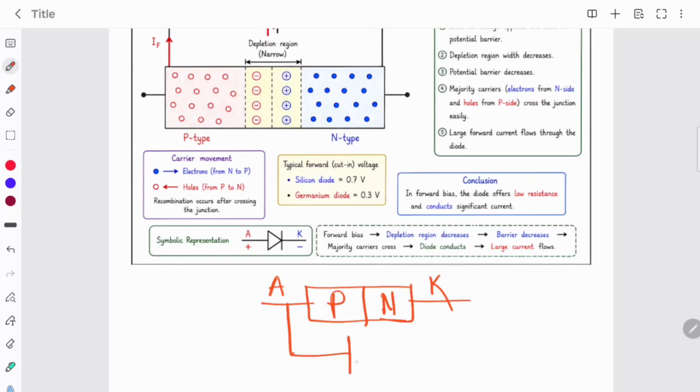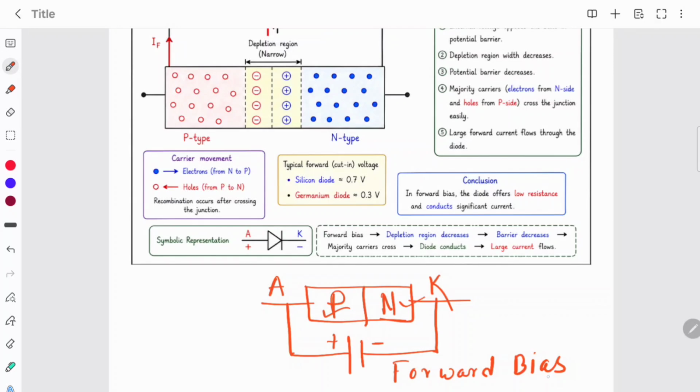The positive terminal of the battery is connected with the P side, and the negative terminal is connected with the N side. This is called forward bias.